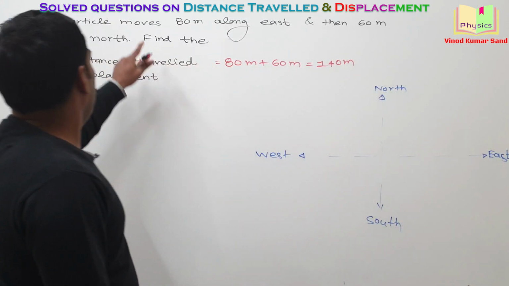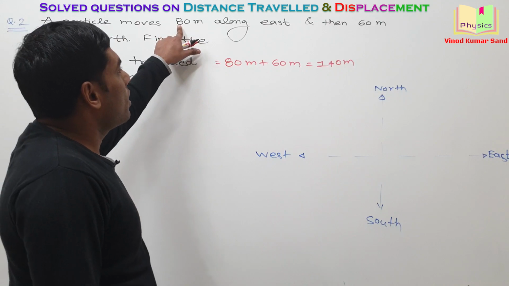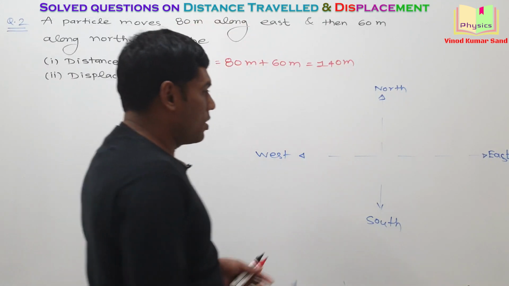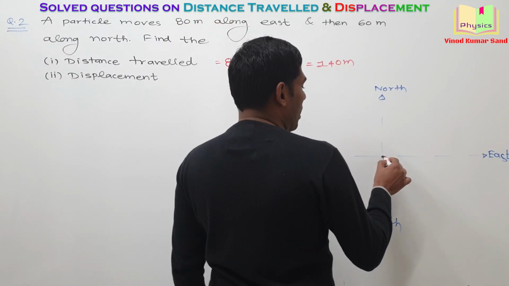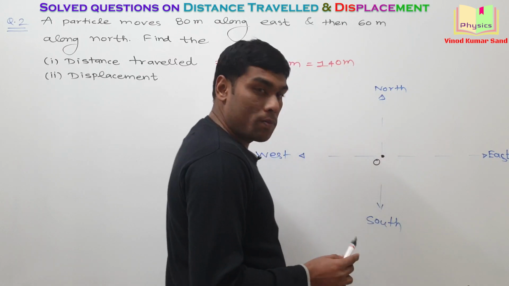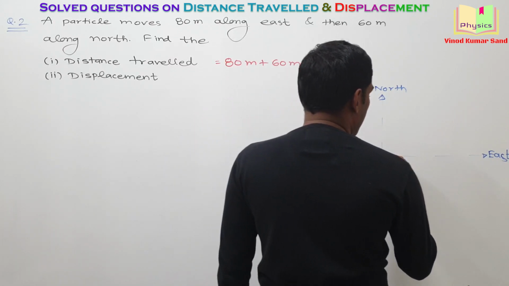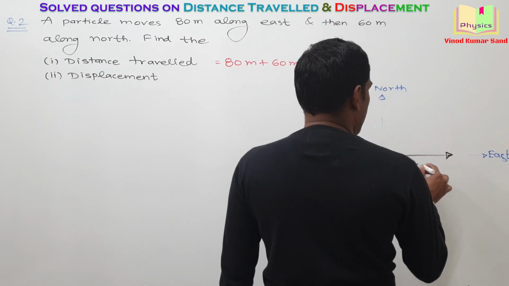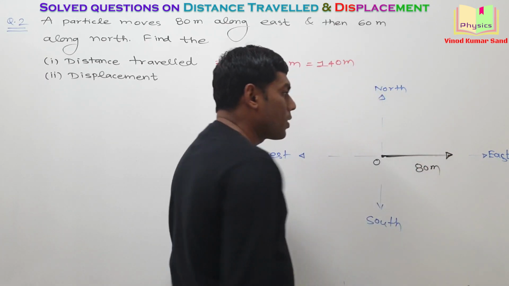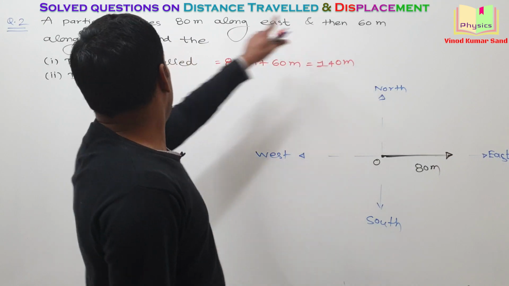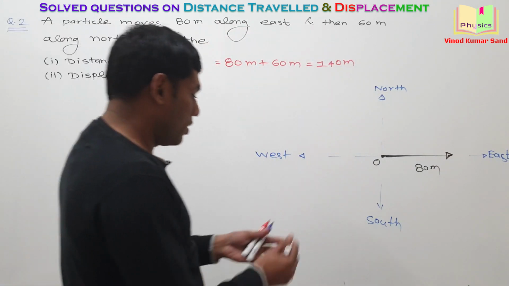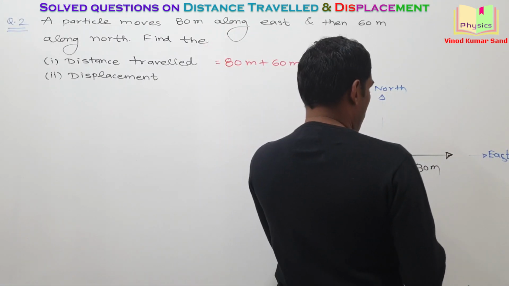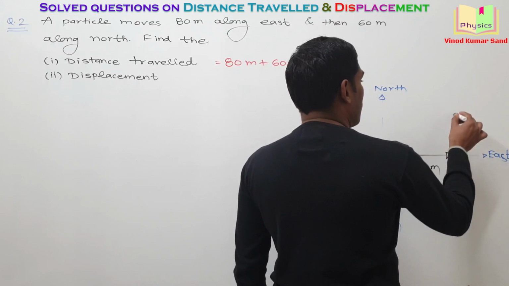According to the question, particle is moving initially 80 meter along east. So what we imagine, particle starts from here and then it travels 80 meter like this. This distance is 80 meter along east. Then 60 meter along north, I am showing here like this.